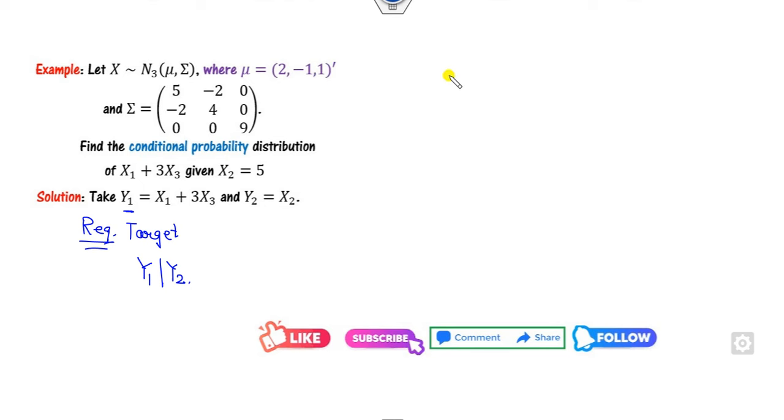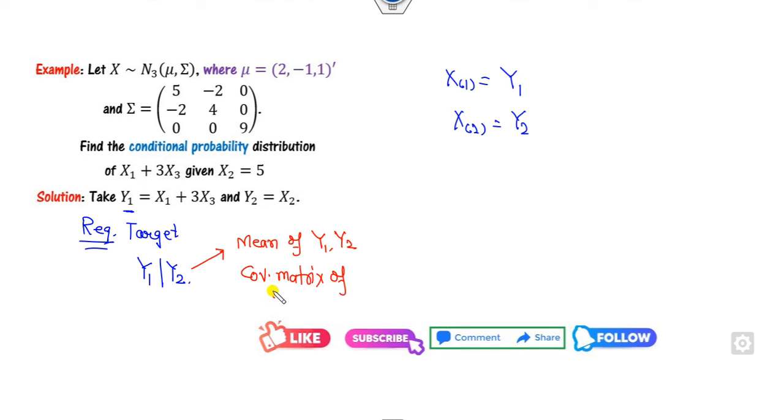That means x1 will be your y1 and x2 will be your y2. So for that I need to find the mean of y1 and y2 and the covariance matrix of y1 and y2. So how can you find the covariance matrix?